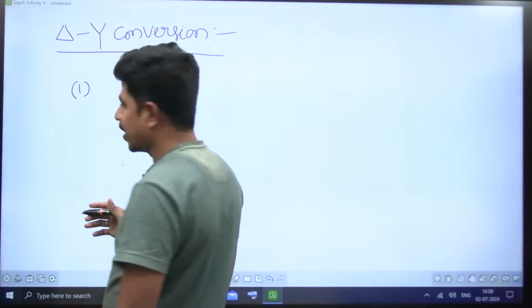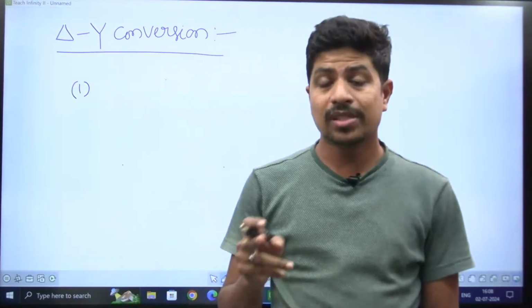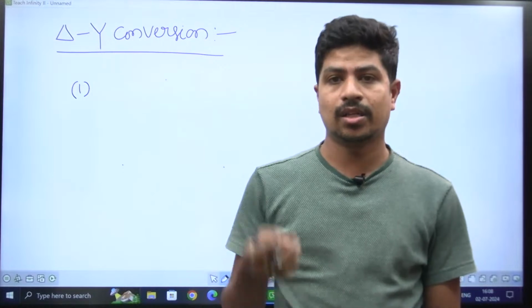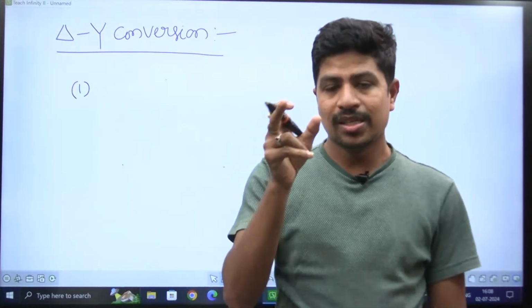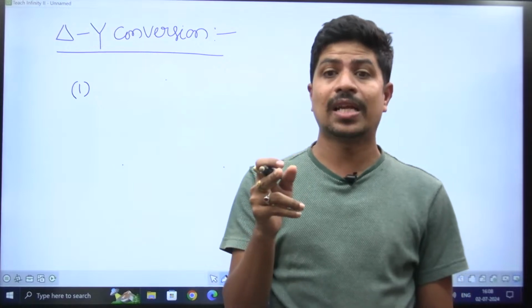What is a delta connection? Don't always depend on the shape of the structure. If you take any element, the ending of the first element is connected to the starting of the next element.